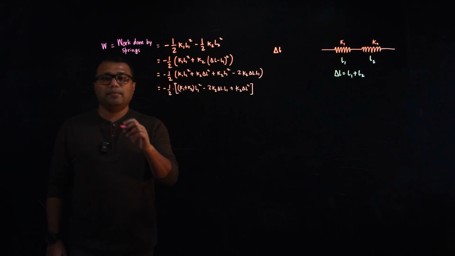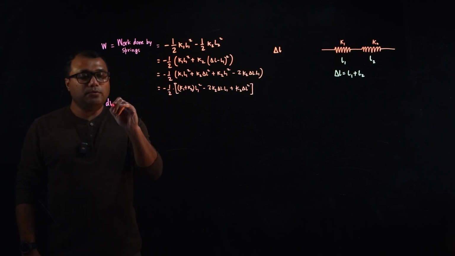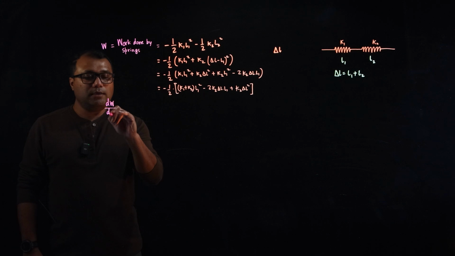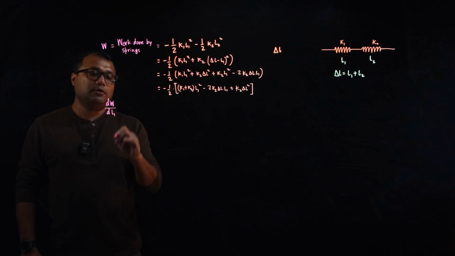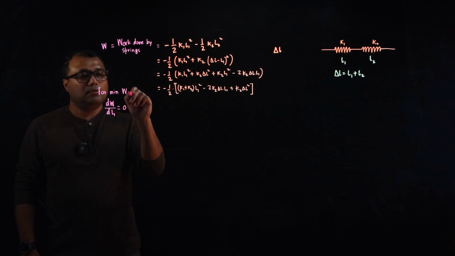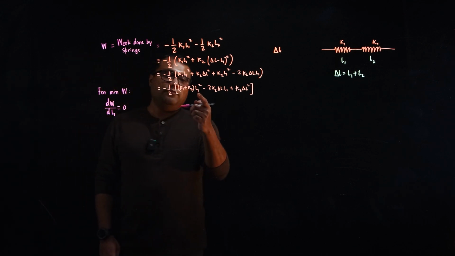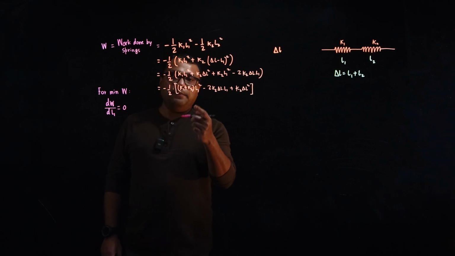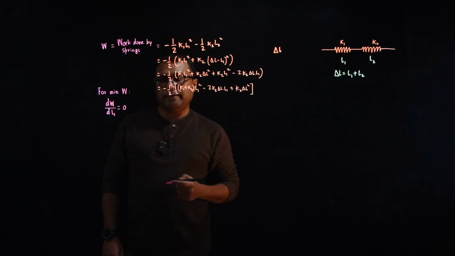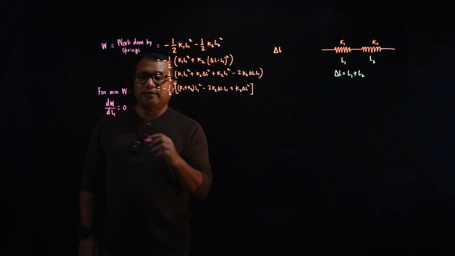To be minimum, we need dW by dL1 to be 0, because we are doing it as a variable on L1. Okay, delta L is a constant. So let's just differentiate this.